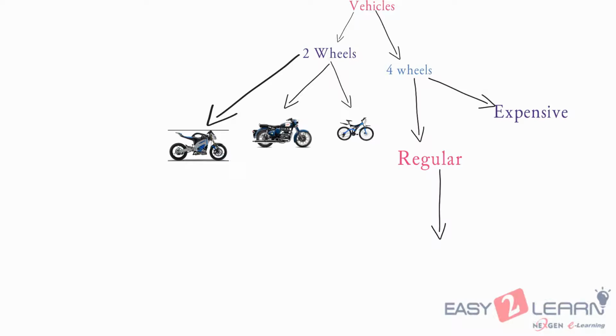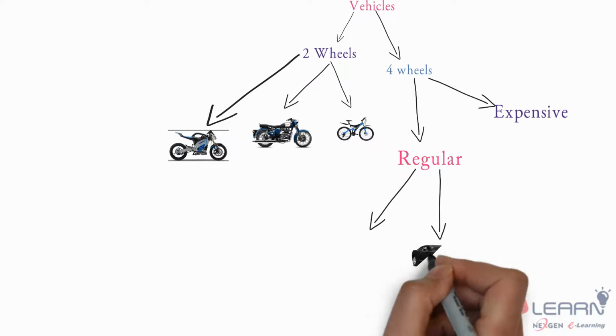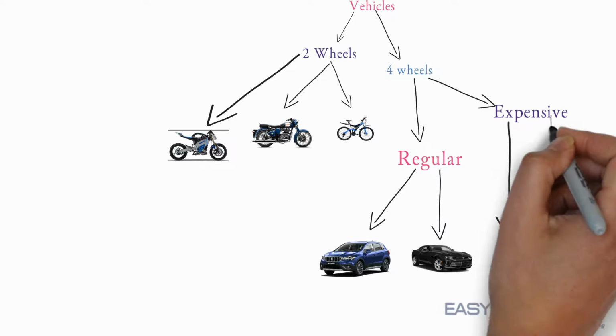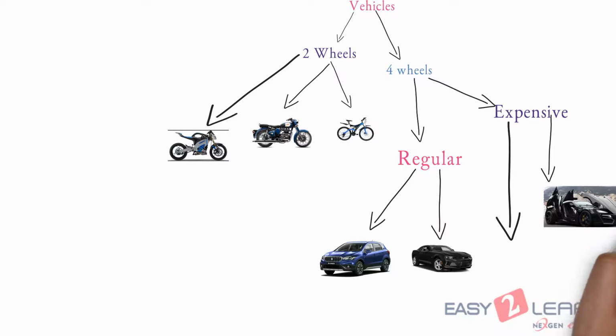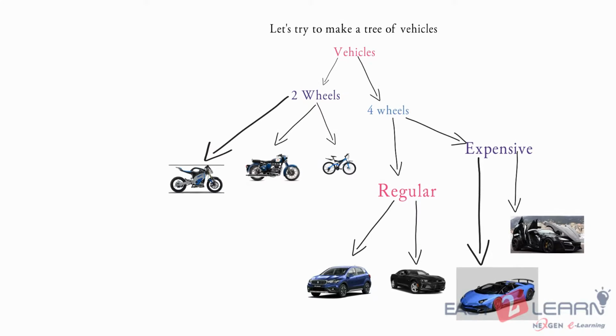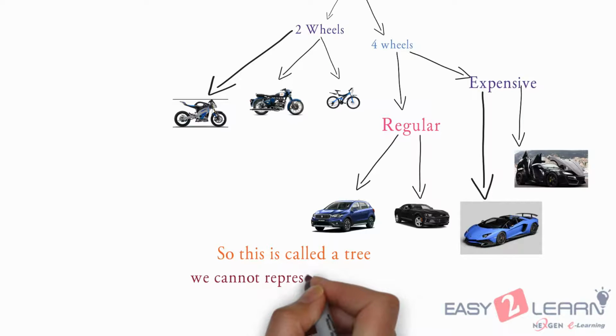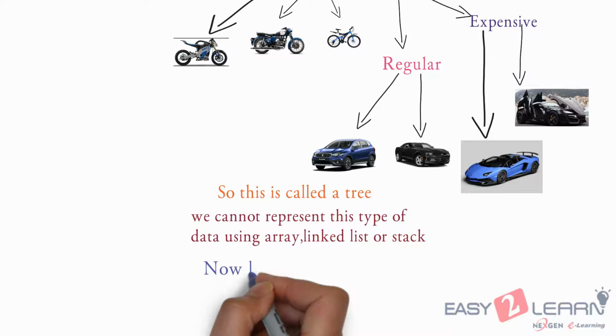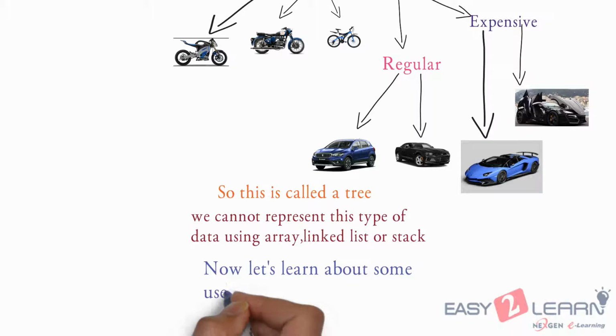In regular we have different brands, as well as in expensive we also have different brands, models, styles, and designs. So this is called a tree. We cannot represent this type of data using arrays, linked lists, or stacks.